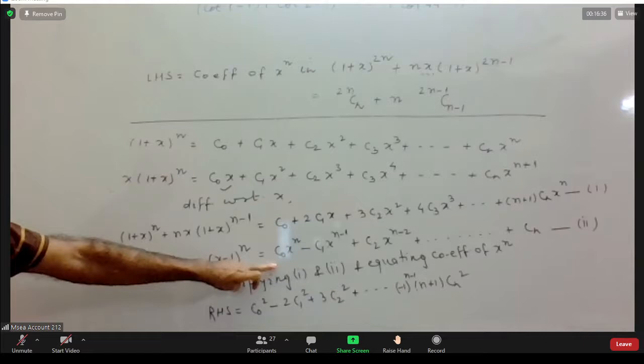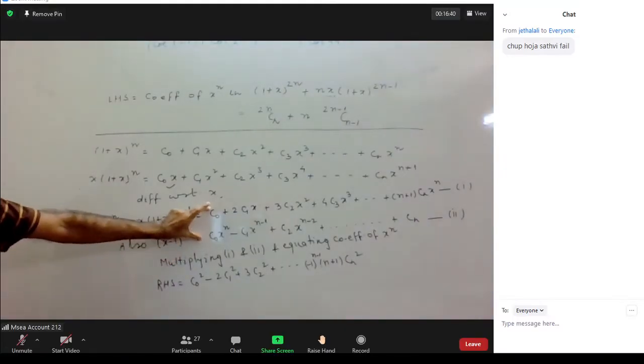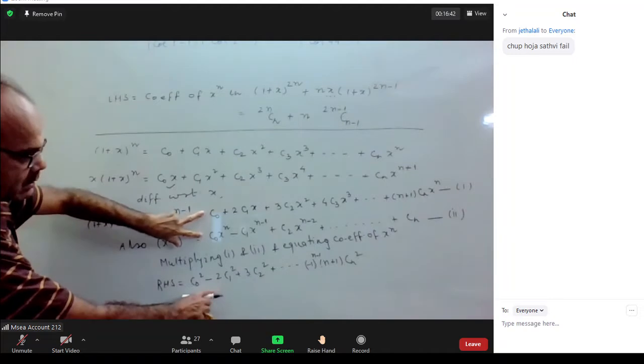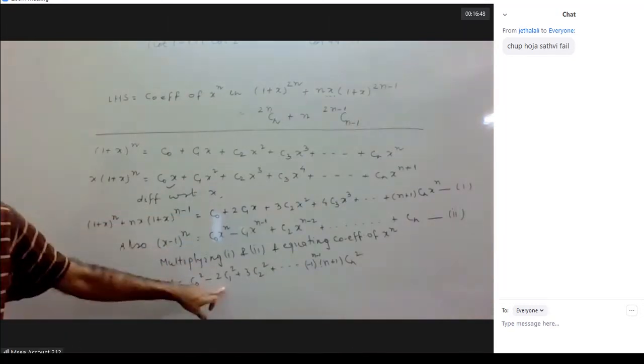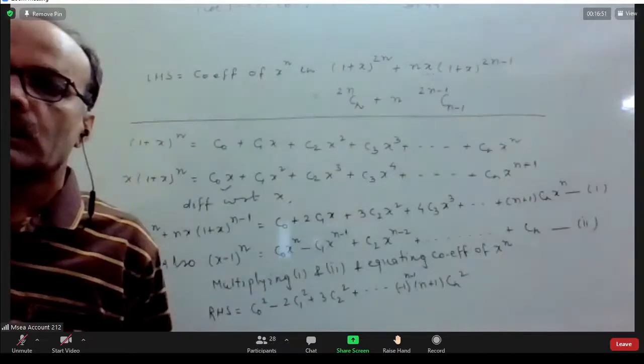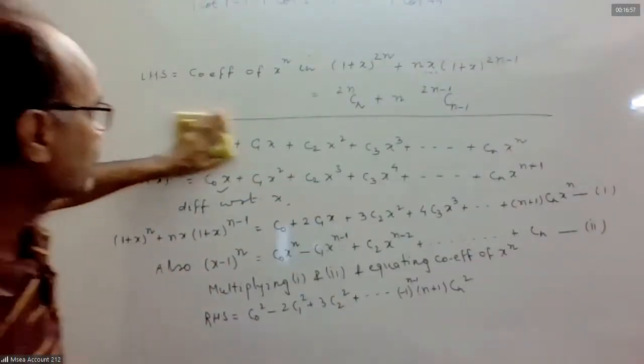So now if you multiply these two, shall we get this one? Multiplying 1 and 2 and equating coefficient of x to the power n, same thing. So don't write it, I'm just telling you the other way. I'm rubbing it.